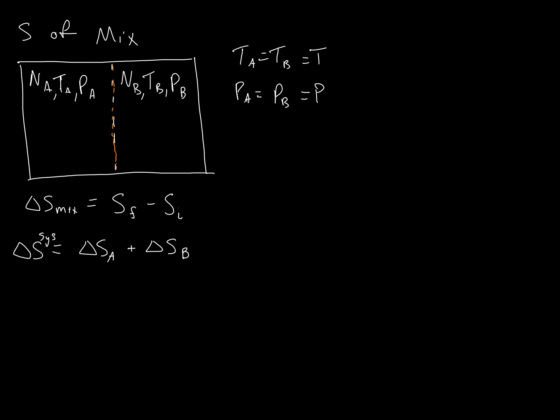Now, if we go back to the state change calculations that we were doing before we started working into the multi-component systems, remember that the delta S of an ideal gas is going to be the integral of 1 over T dU plus P over T dV.